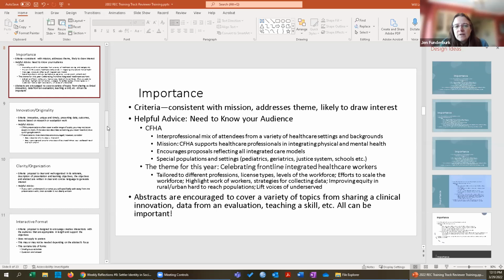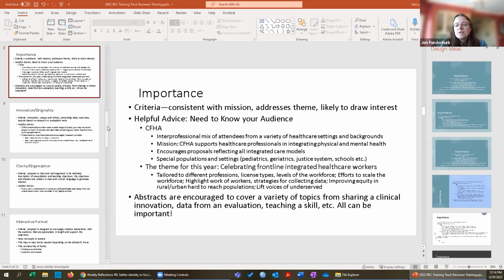The mission of CFHA is to support healthcare professionals in integrating physical and mental health. We encourage proposals reflecting all integrated care models, not just one model like care management, collaborative care, or PCBH. We encourage them all. And we have a lot of special populations and settings that are of interest to the membership, like geriatrics, pediatrics, the justice system, schools, etc.